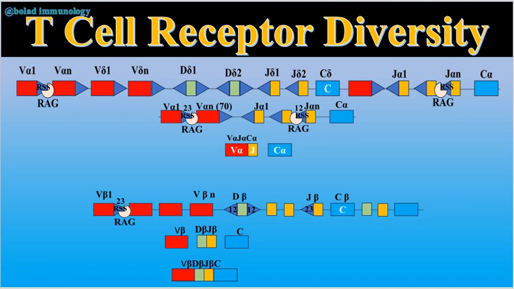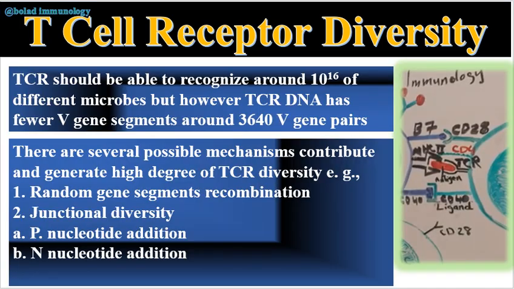In this video lecture, I will be talking on T-cell receptor diversity. As you may know, the T-cell receptor should be able to recognize around 10 to the power of 16 different microbes or pathogens.